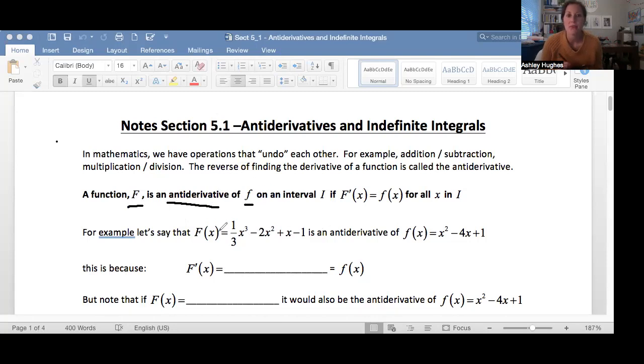So, for instance, if big F is this, then the original function is this, because when I take the derivative of this, I get this. If we take the derivative, we would get x squared minus 4x plus 1, and the derivative of 1 is 0. That is just an example, notation-wise, of what big F is.